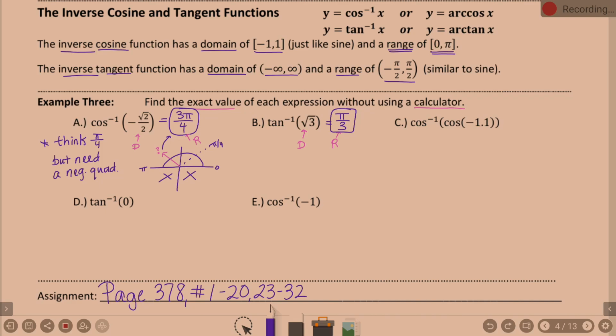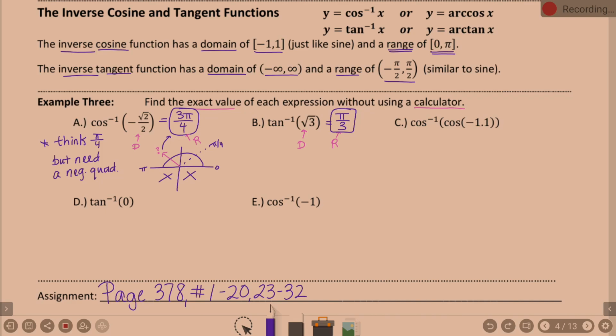C. Cosine inverse of cosine of negative 1.1. We don't have an official value, so this one's not on the chart, is it?